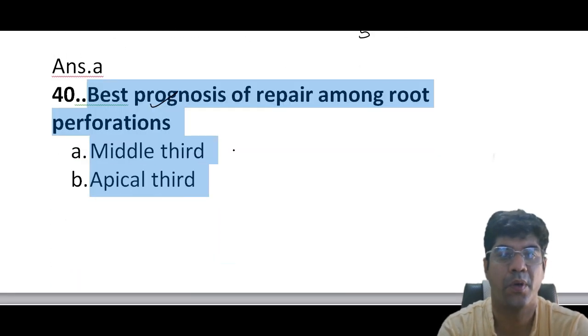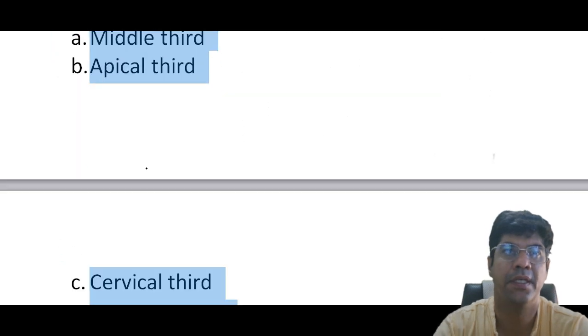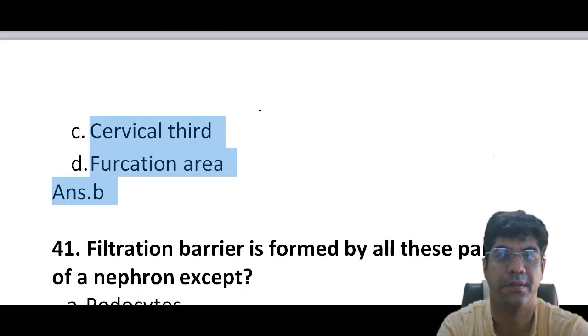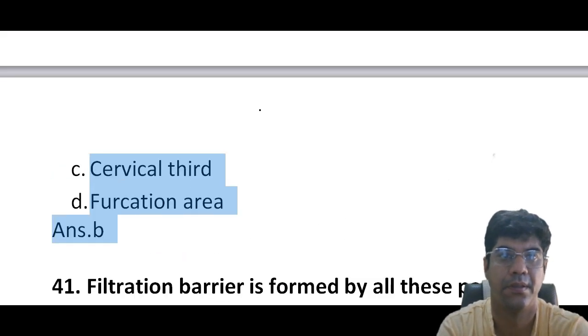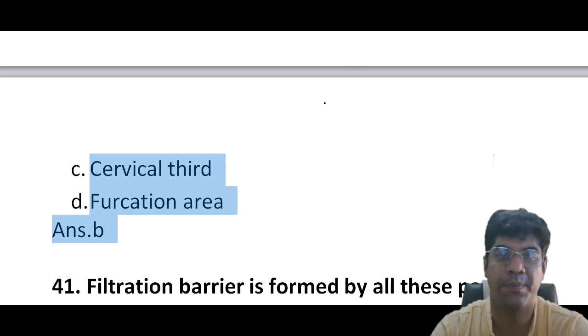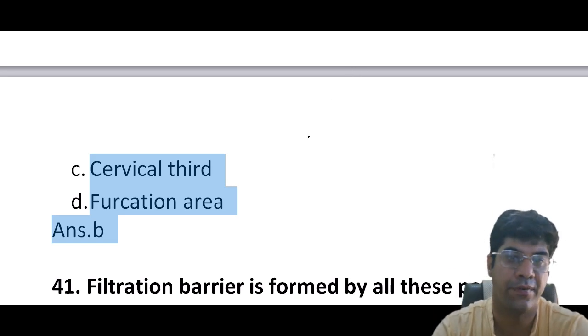The best prognosis for repair among root perforations, remember, the answer is the apical third. Repairing a perforation in the apical third of the root typically has a better prognosis.